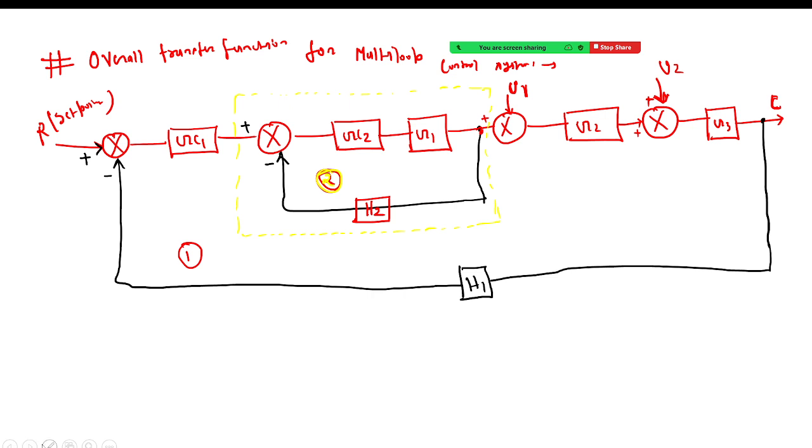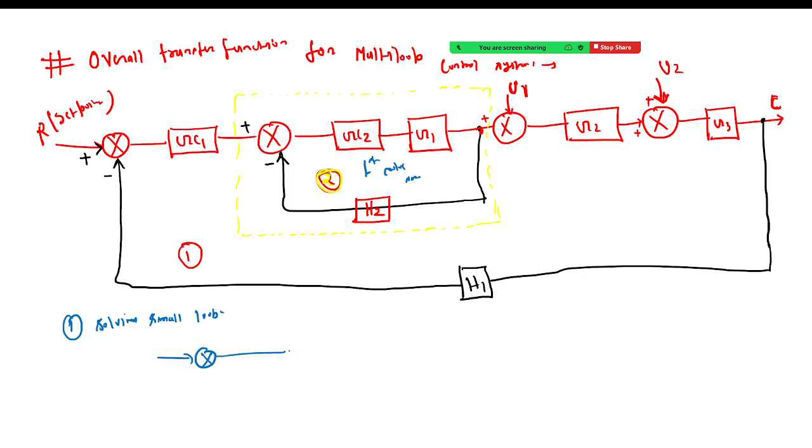Oh, I lost my cursor. Yeah. So first I'll solve the small loop. So the first step is solving the small loop. I'll be making the small loop over here.